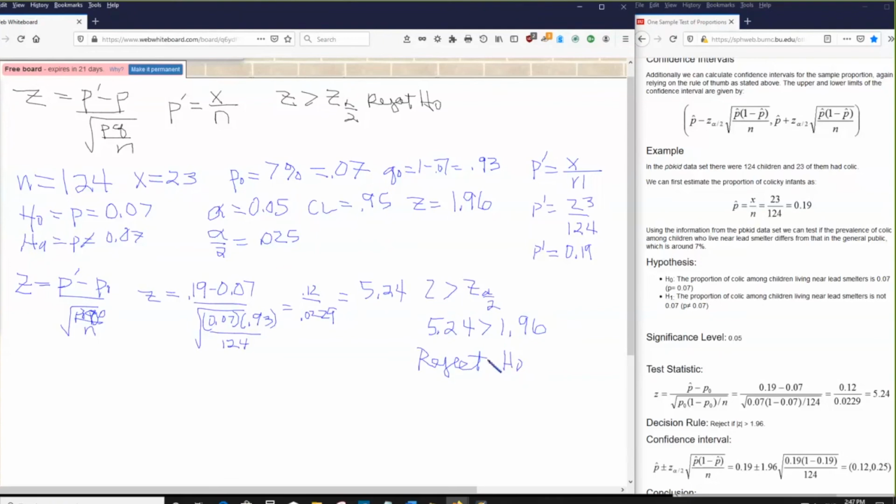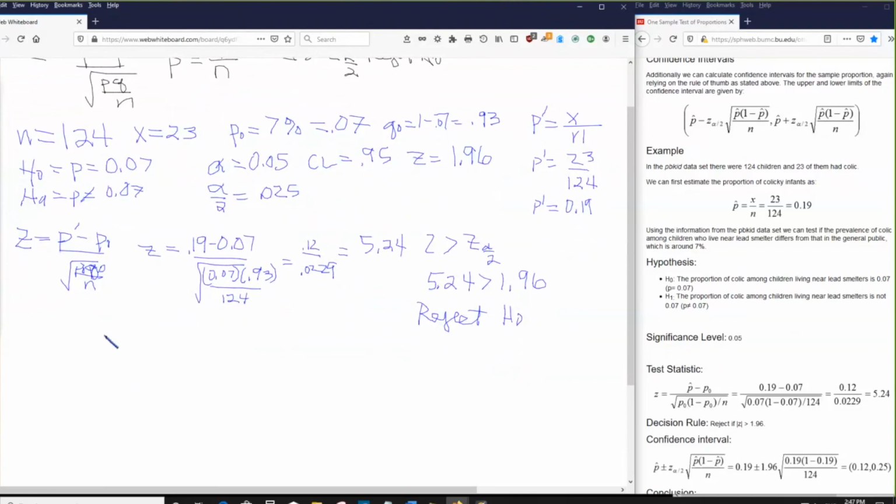And then if I wanted to, because I've got my confidence level, I could also find the confidence interval, which we've used before, and that would just be P prime plus or minus z alpha over 2 times the square root of P prime Q prime over n.